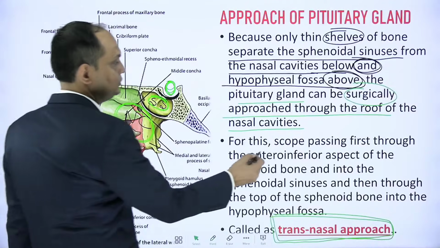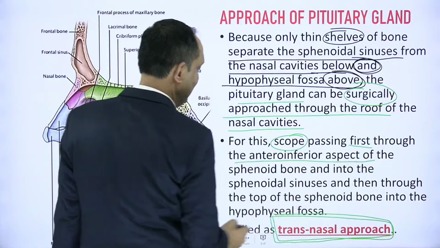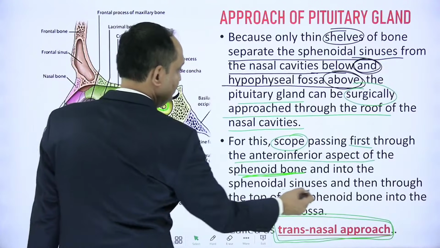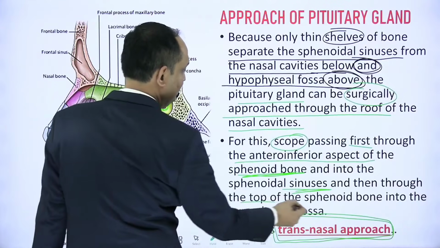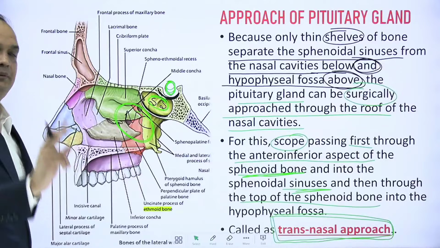For this, the scope is first going to pass through the nasal cavity, then you have to pass through the sphenoid bone, then into the sphenoid sinus, and then ultimately you will enter through the sphenoid bone into the pituitary gland.